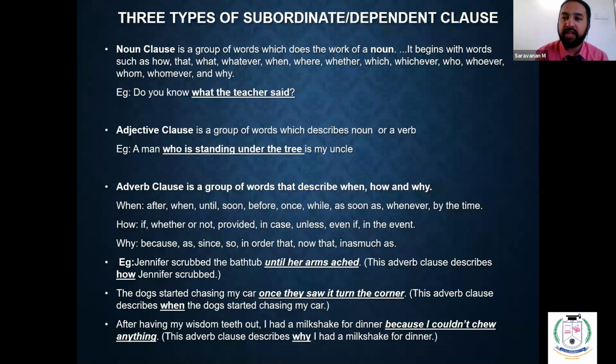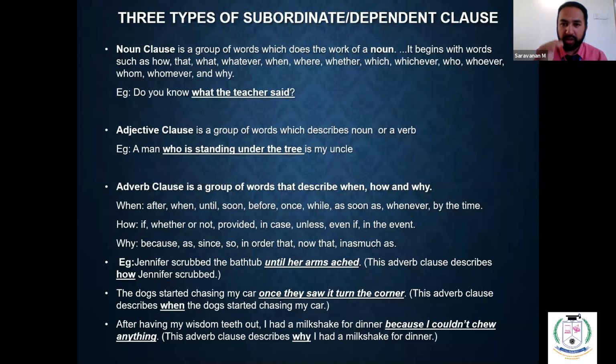Why? Because he has removed the wisdom tooth, he could not chew. So that is why the person sipped milkshake. It gives more information about the action.